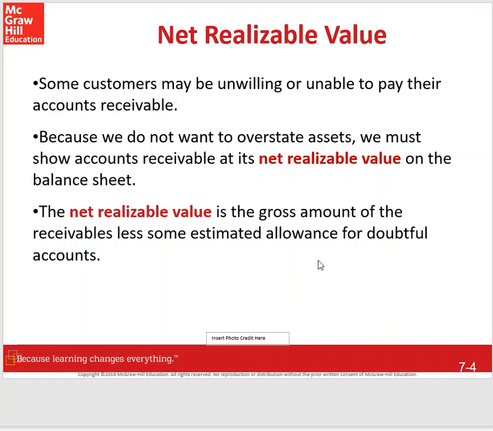So a normal asset carries a debit balance. Allowance is still an asset, but it's an against asset. It's an offset asset, and it carries a normal credit balance. So allowance is going to be a contra asset to accounts receivable. It will be an offset against accounts receivable, and you'll see here shortly how we present that on the balance sheet. So think of allowance as like a negative asset.